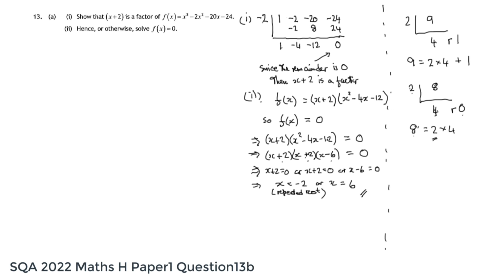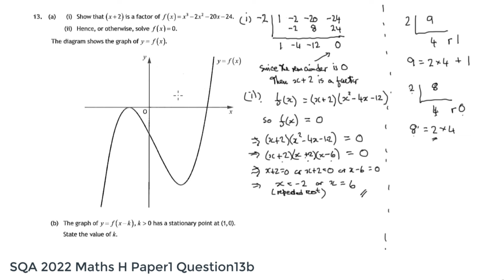So let's move on to part B of this question. A lot of new information given. We're actually shown the graph of this function. There it is, y equals f of x. And as we said, the repeated root x equals negative 2. Remember the roots, when you set the values of this function equal to 0, you're talking about where the heights on the graph are 0, that's there and there.